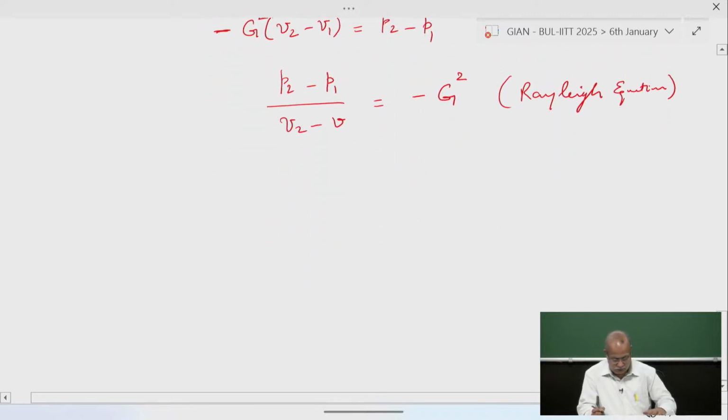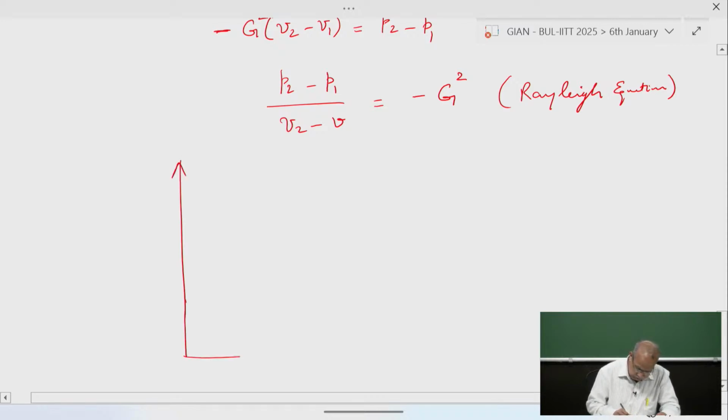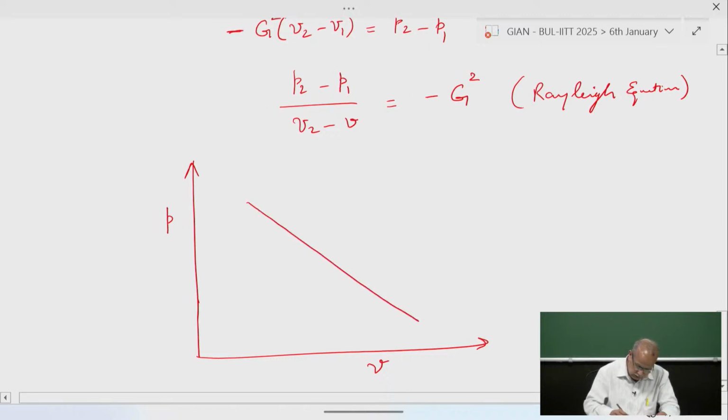What it means is that for a flow with this pressure and specific volume, because of the minus, this is minus G square. This is the slope, a negative slope here, G square. And this is the Rayleigh line.